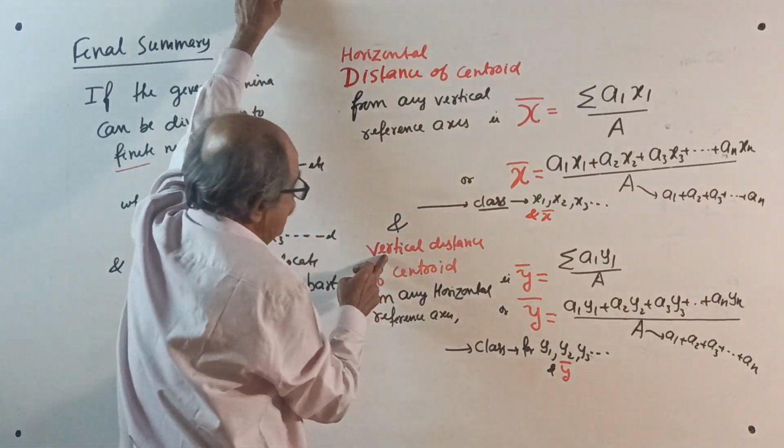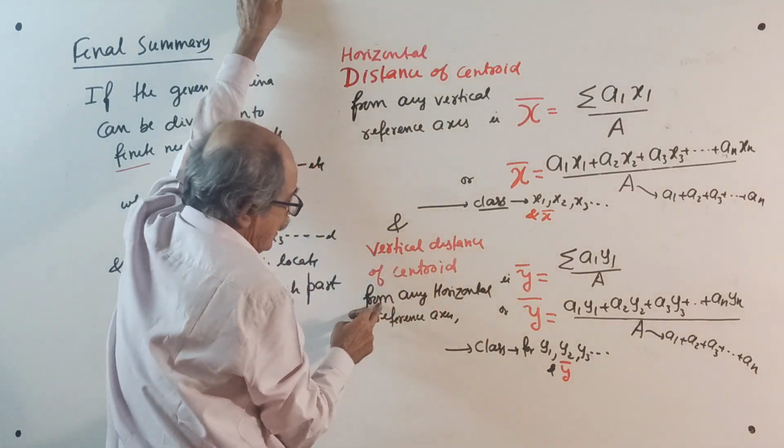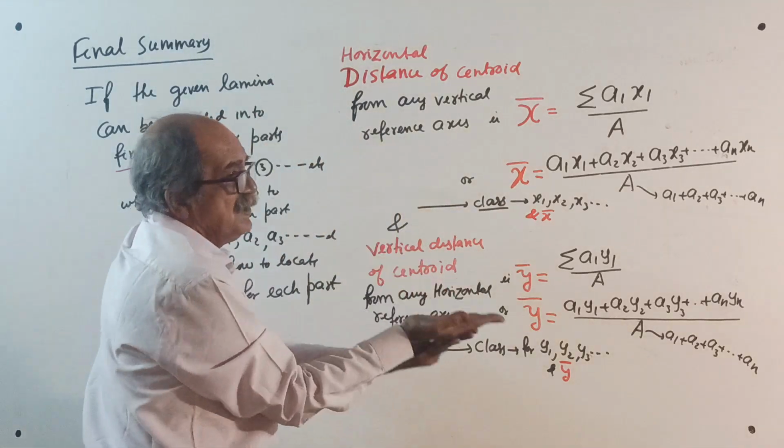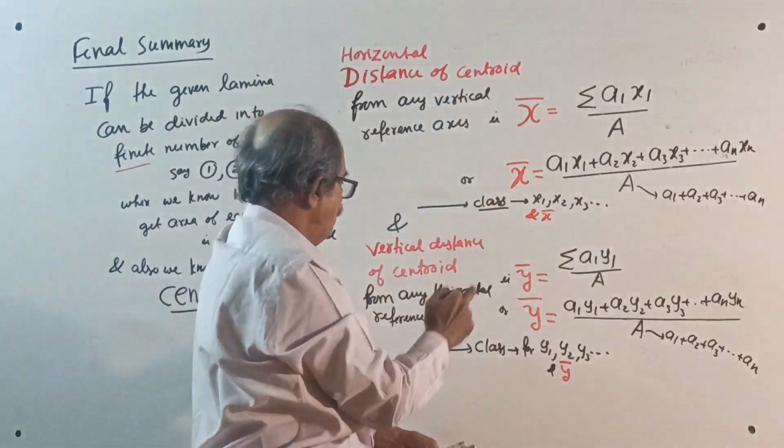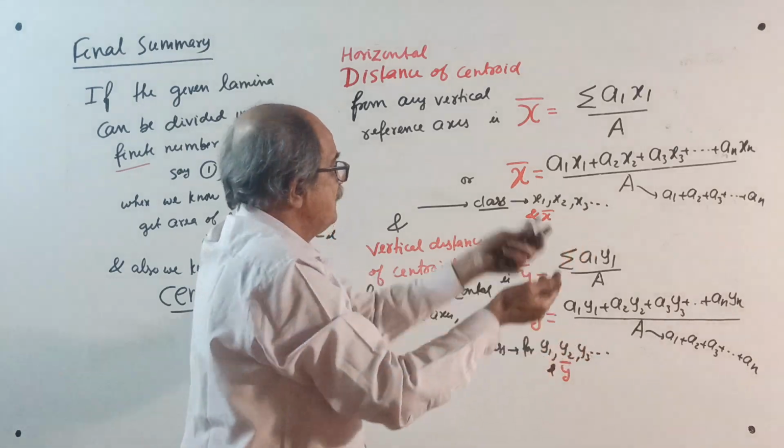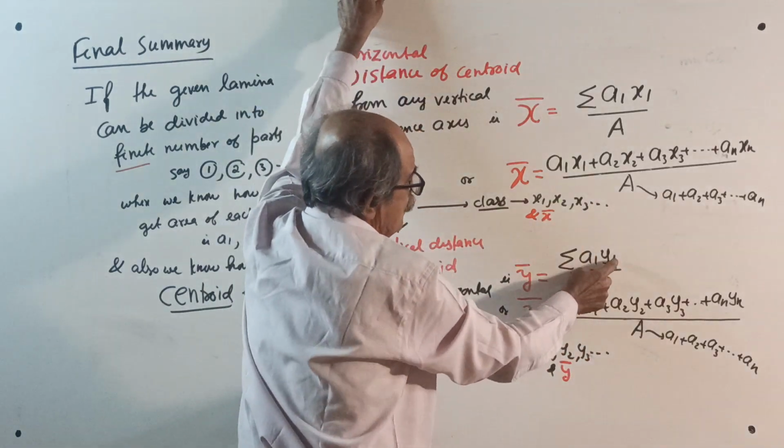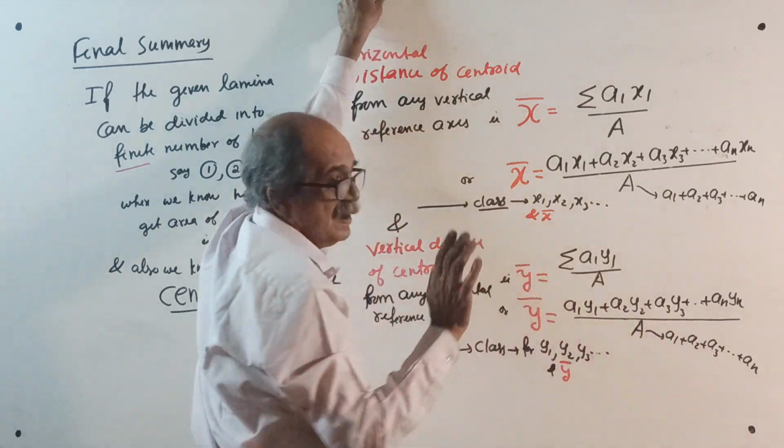And the vertical distance of the centroid from any horizontal reference axis is the same way, a1y1 by a, etc.